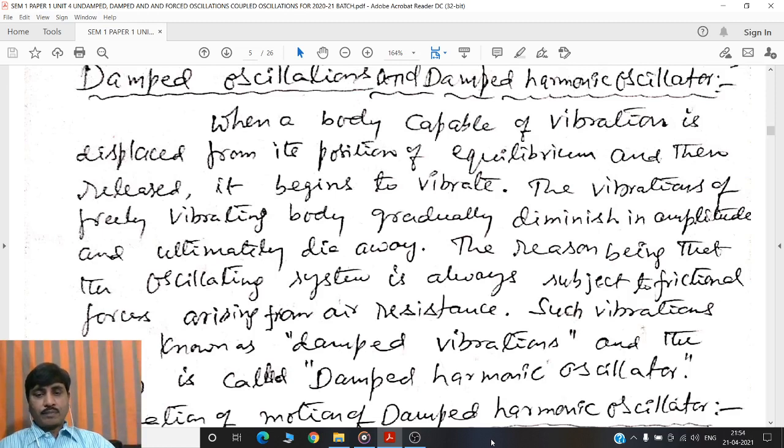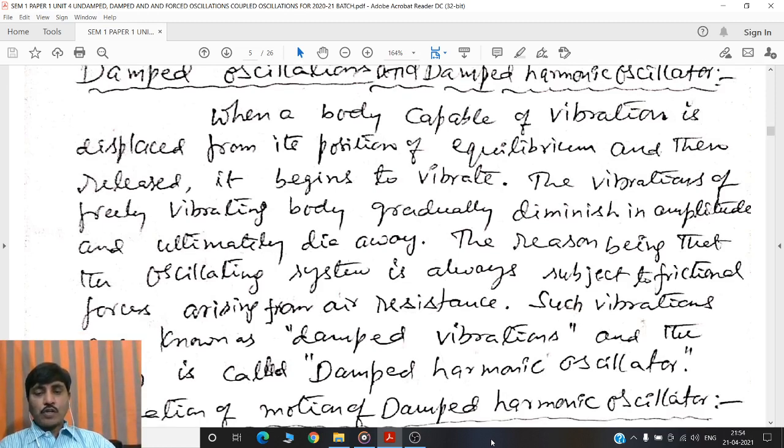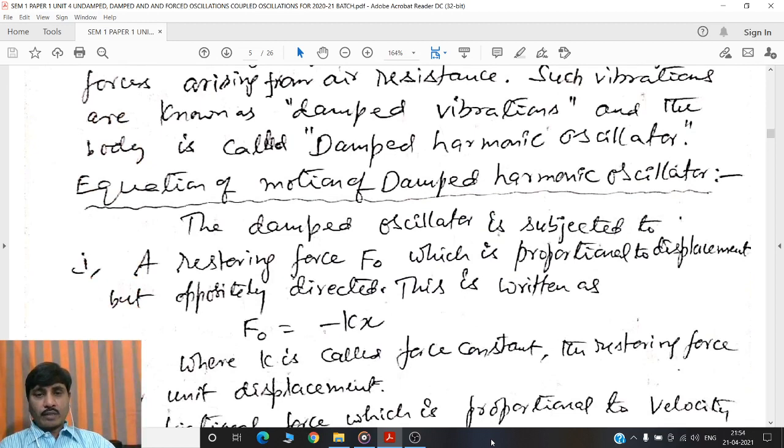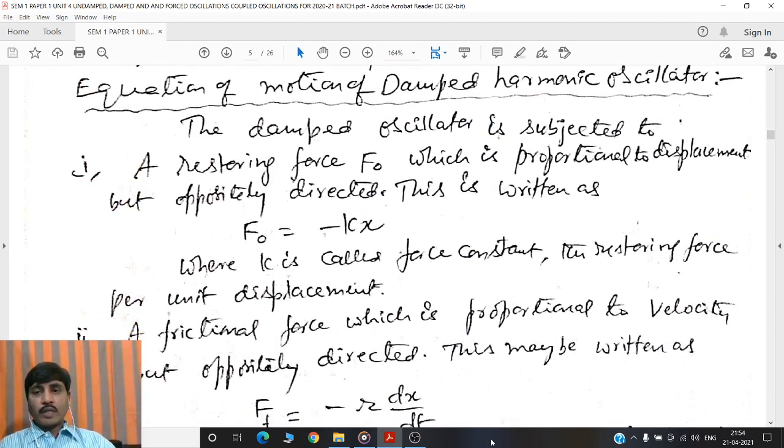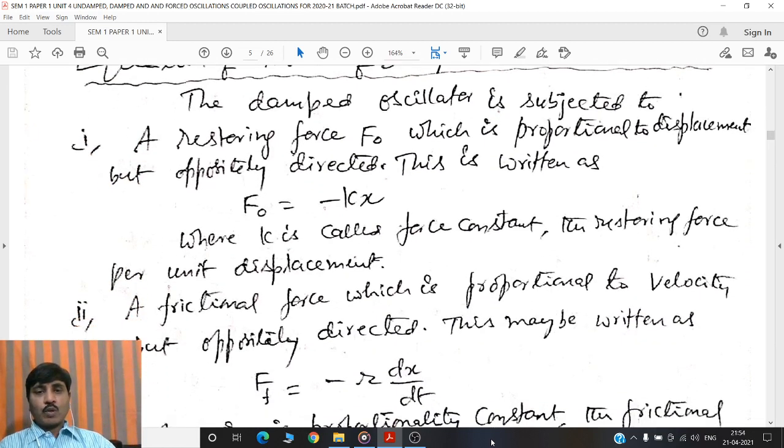The equation of motion of damped harmonic oscillator. The damped oscillator is subjected to two forces: restoring force and frictional force due to air resistance. The first one is restoring force F0, which is proportional to displacement but oppositely directed.